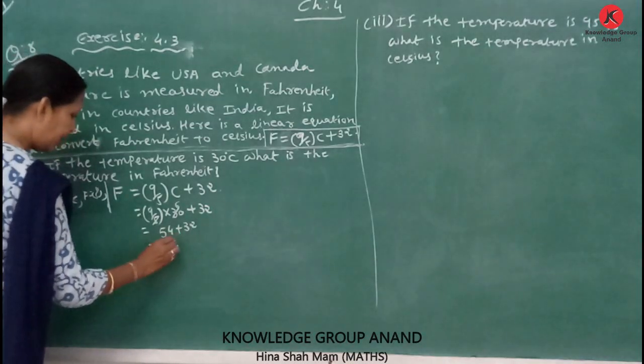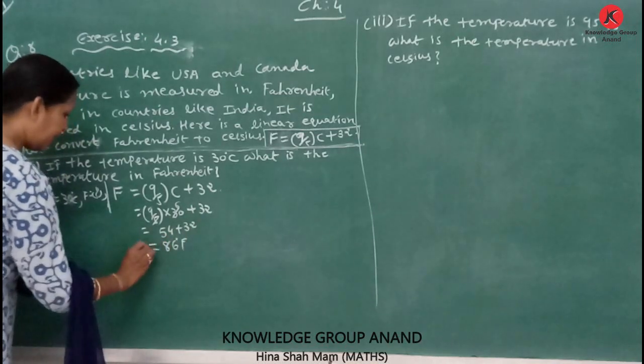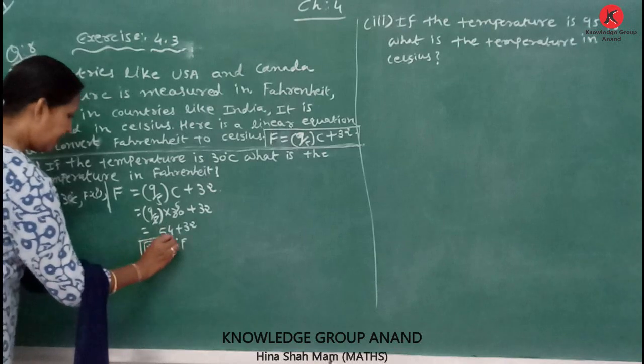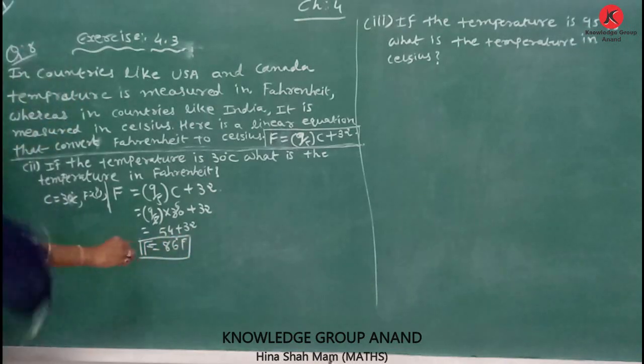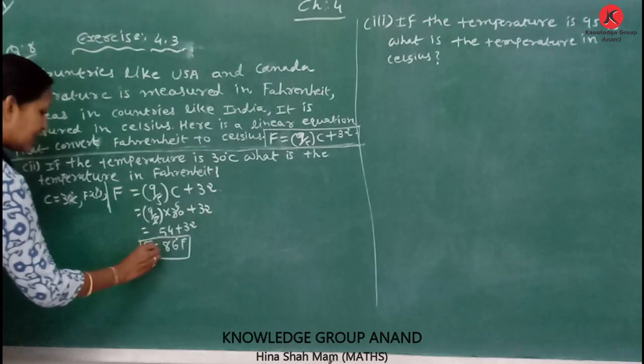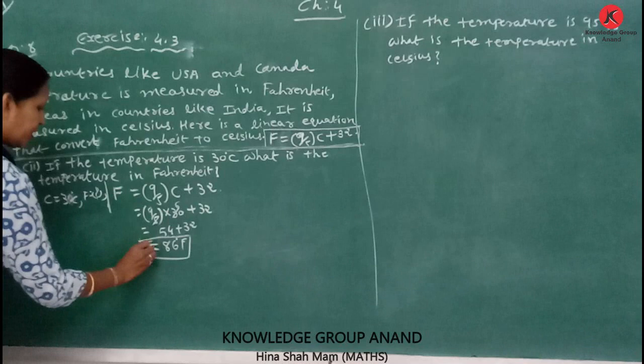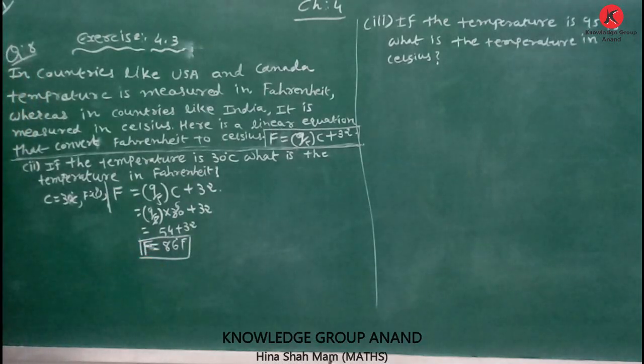So Fahrenheit is equal to 86 degrees Fahrenheit. When C is equal to 30 degrees Celsius, F is equal to 86 degrees Fahrenheit.